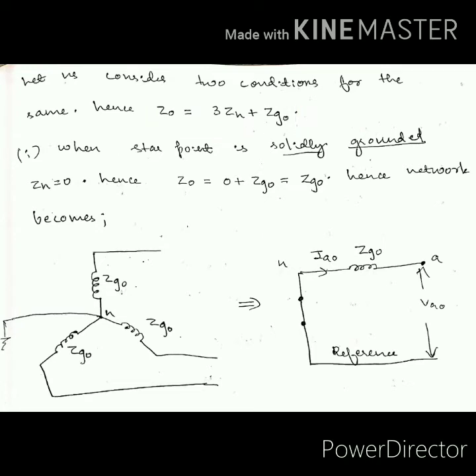But again, we will consider two conditions. First condition is when the star point is solidly grounded, meaning we are not grounding it through a reactance, we are directly shorting it to the ground. Then your neutral impedance becomes 0, and if you substitute that 0 in the above equation, we get Z0 is equal to Zg0.